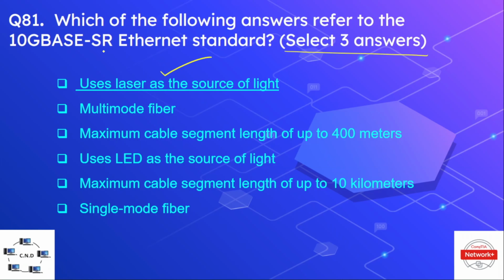Again, this is the OFC or optical fiber standard, and that it is multi-mode fiber since the data rate is up to 10 Gbps, so it must be multi-mode, and that it has a maximum cable segment length of up to 400 meters. Let's get to the next question.